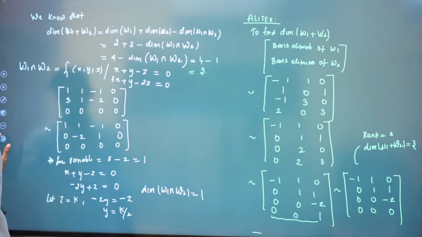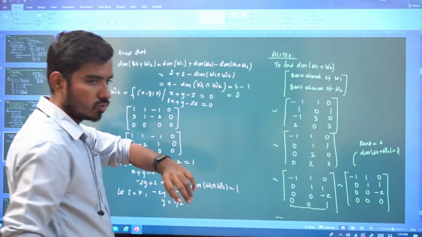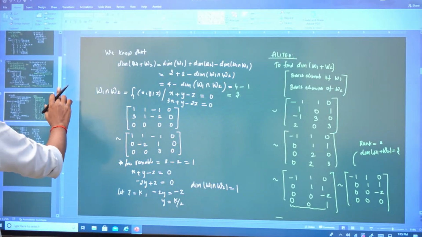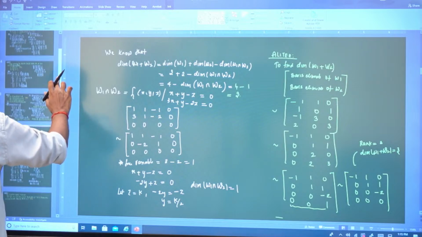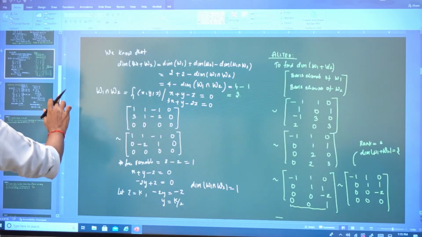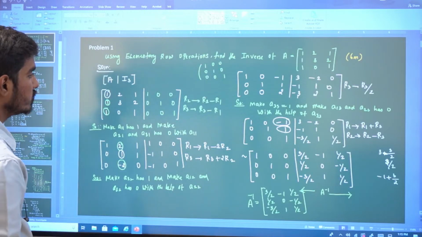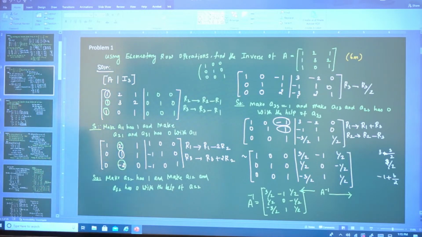Okay, so we completed 4 problems. I think it is taking time to do all problems, very lengthy problems. So we'll move on to the next one. First we started with finding the inverse using elementary operations, and then we found the Cayley-Hamilton theorem.